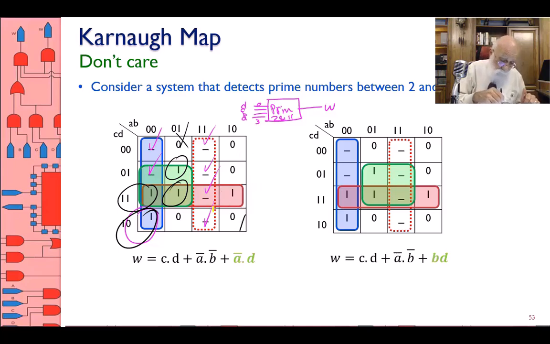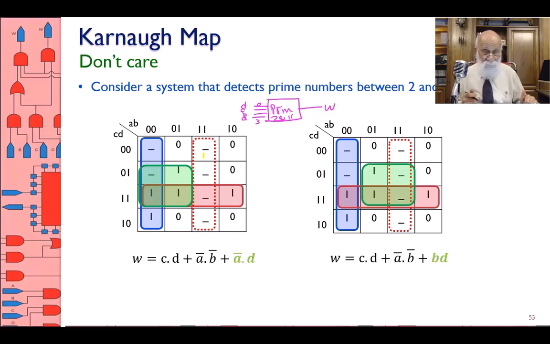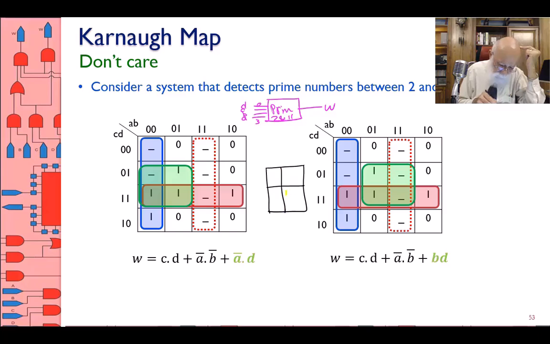Now I'm going to form my prime implicants. When forming my prime implicants, let me show you another map here. Let me put another map here that I will work on.